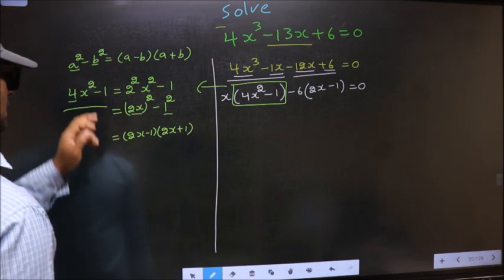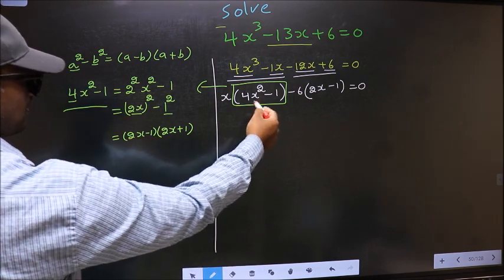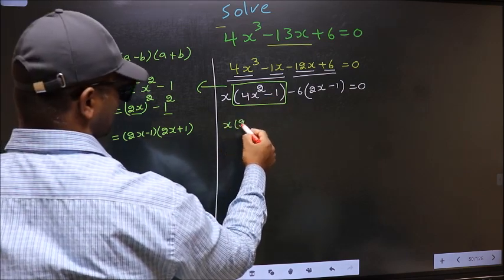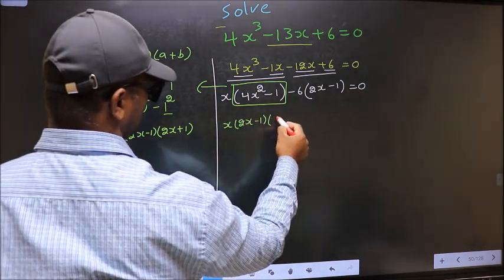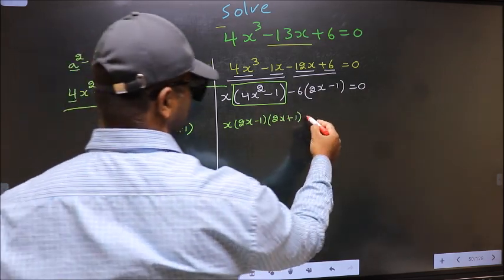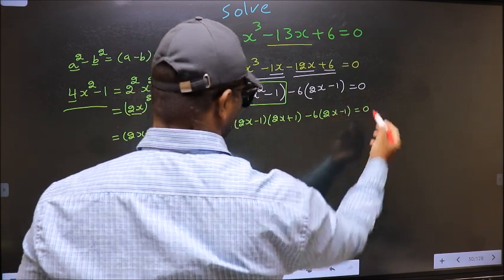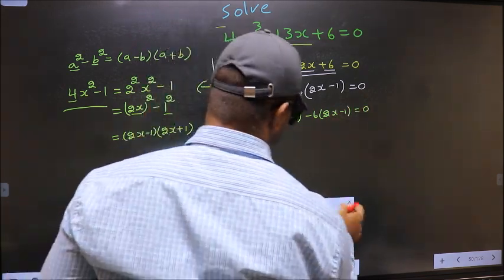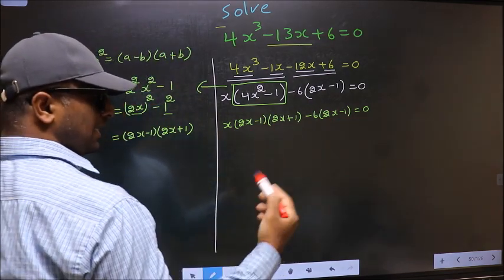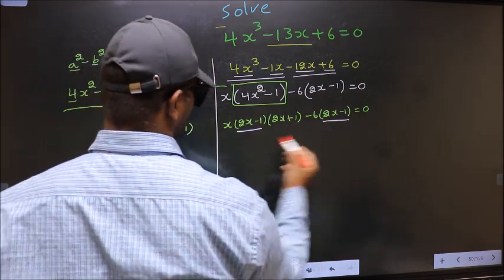Now in place of this quadratic we should write this over here. So this equation becomes x times 2x minus 1, 2x plus 1. This no change, equal to 0. Next, from this entire equation, what can be taken out common is 2x minus 1.